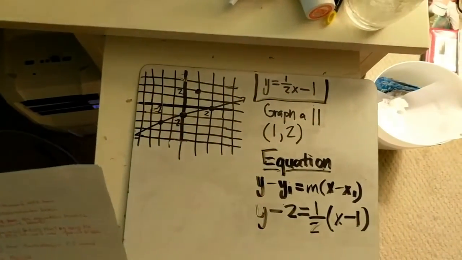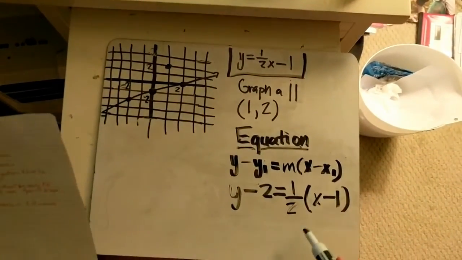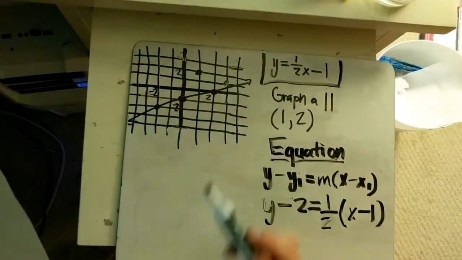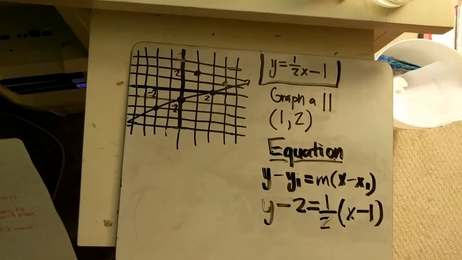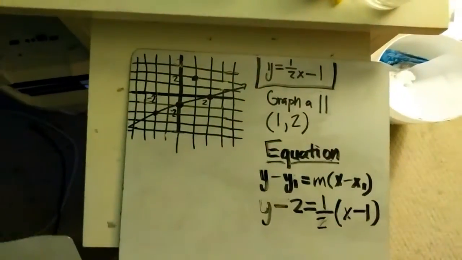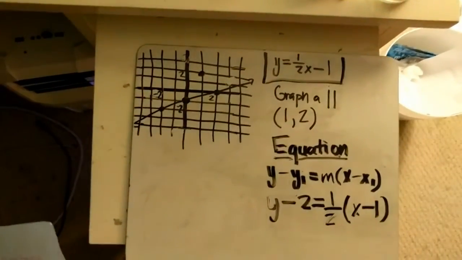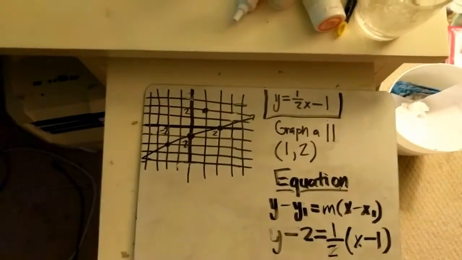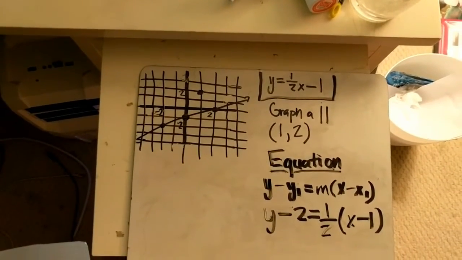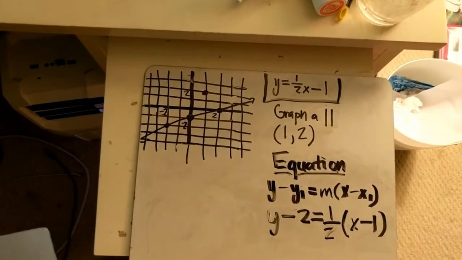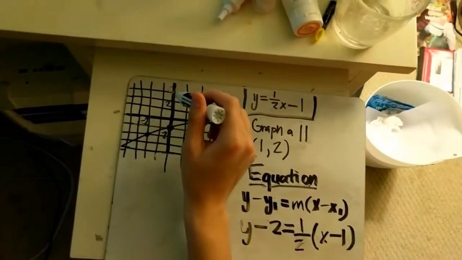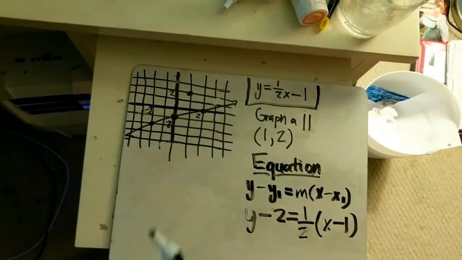And then we would go down 1 and over 2. Okay, I did it wrong.